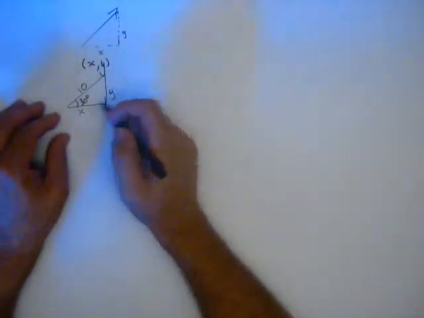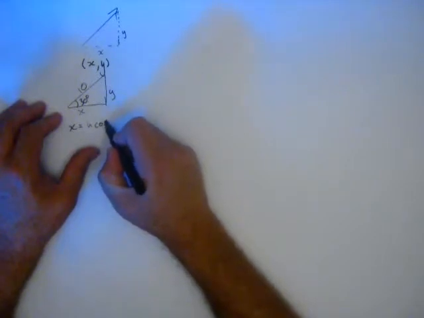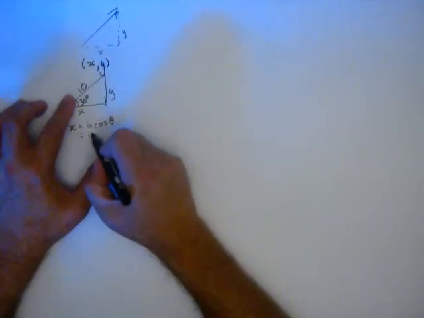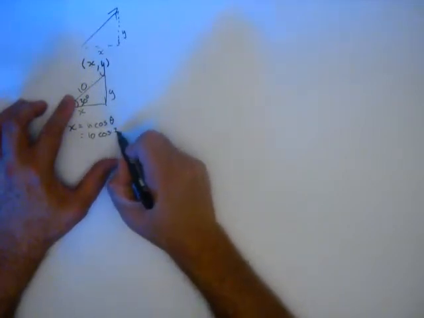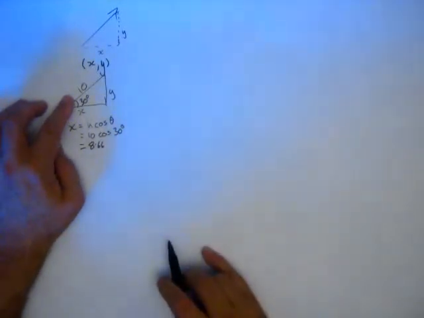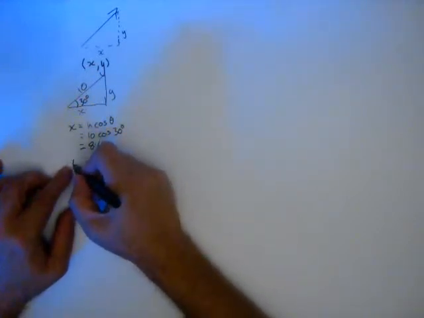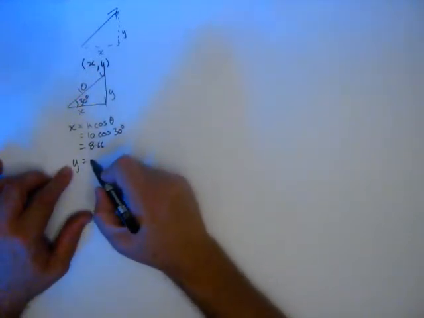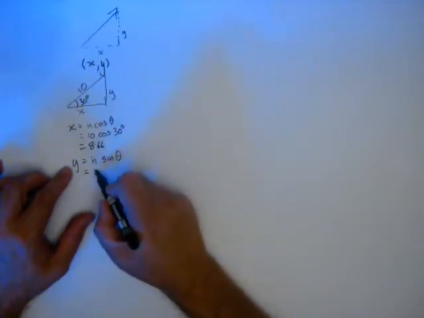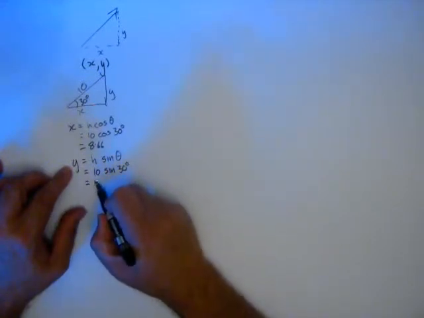The x amount is always going to be h cos theta, so that's 10 cos 30 degrees, which equals 8.66. The y component is going to be h sine theta, which is equal to 10 sine 30 degrees, which is equal to 5.00.